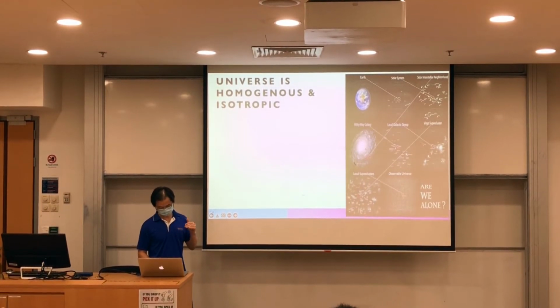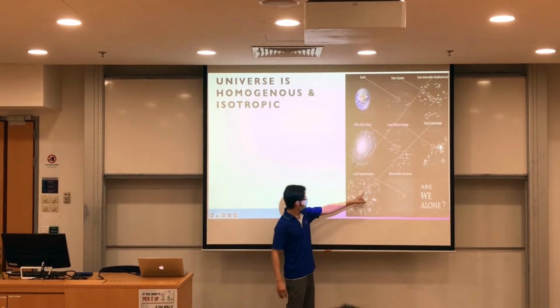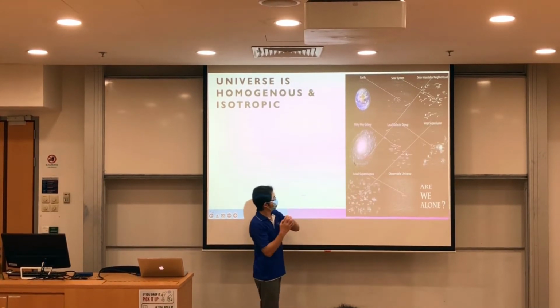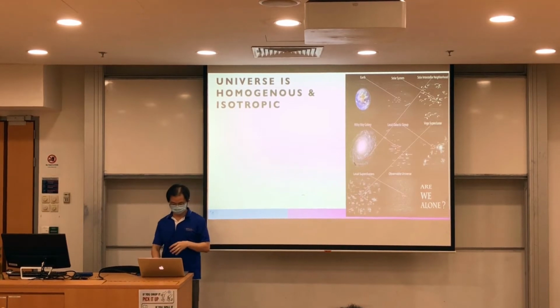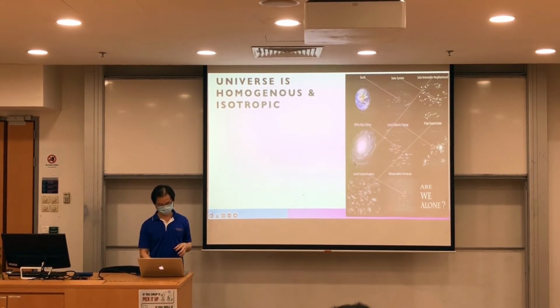Then you zoom out further to the local galactic group of galaxies, and you zoom out further to the Virgo supercluster of galaxies, and you zoom out further to local superclusters, i.e. every spot here is like its own supercluster. Then you zoom out to the entire universe.